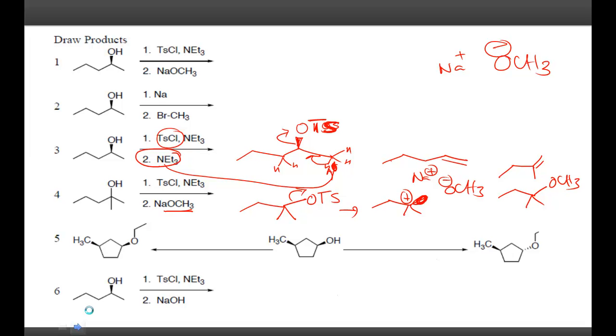oxygen and forms an alkoxide intermediate, that's called tetrahedral intermediate. And second, separately, H2O is enough to pick up the proton from it and it becomes alcohol, right?